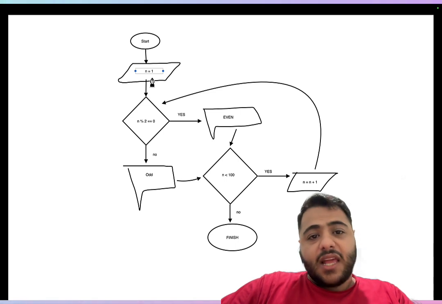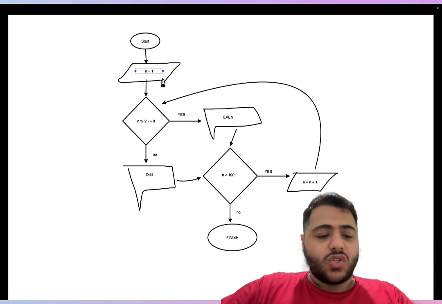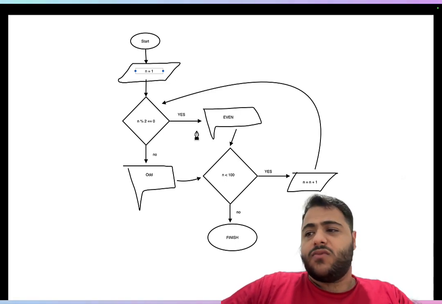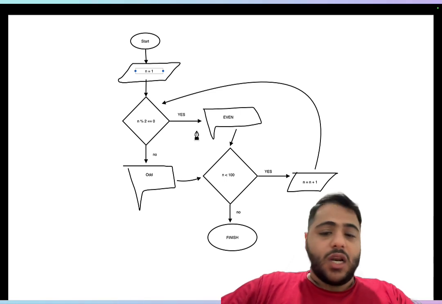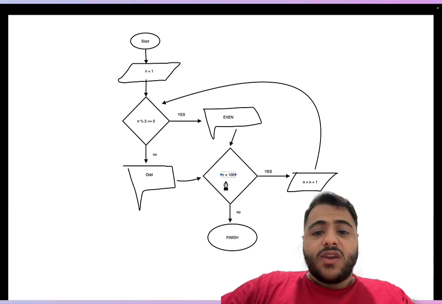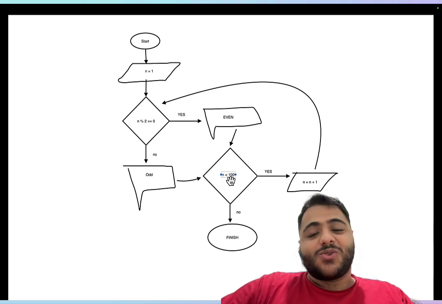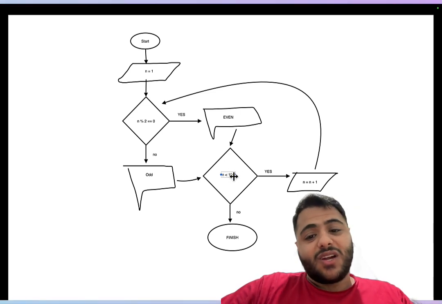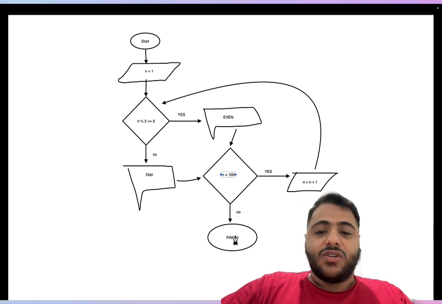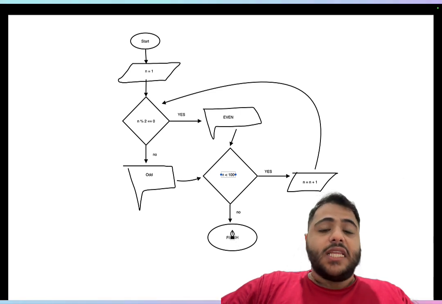So n equals 1 for the start, but it's going to be 2, 3, 4 all the way to 100. After n is equal to 100, it's not less than 100 anymore, so this condition is not true, and we end the program. We reach the finish line.